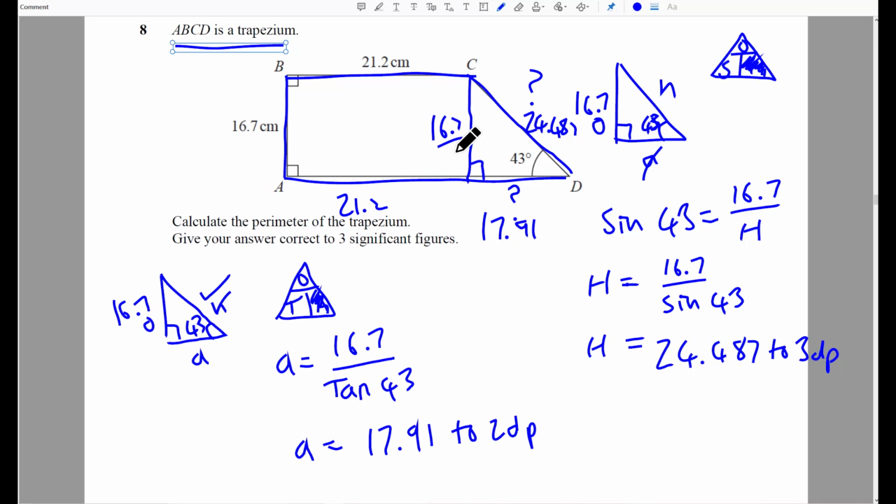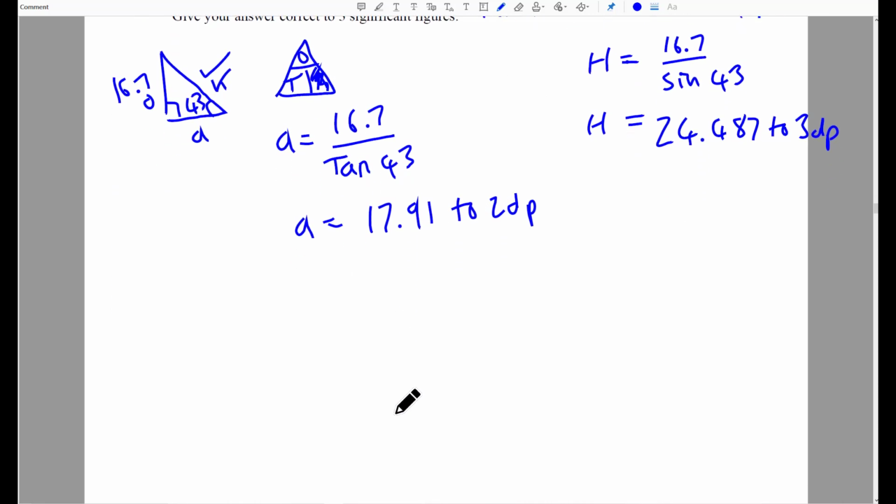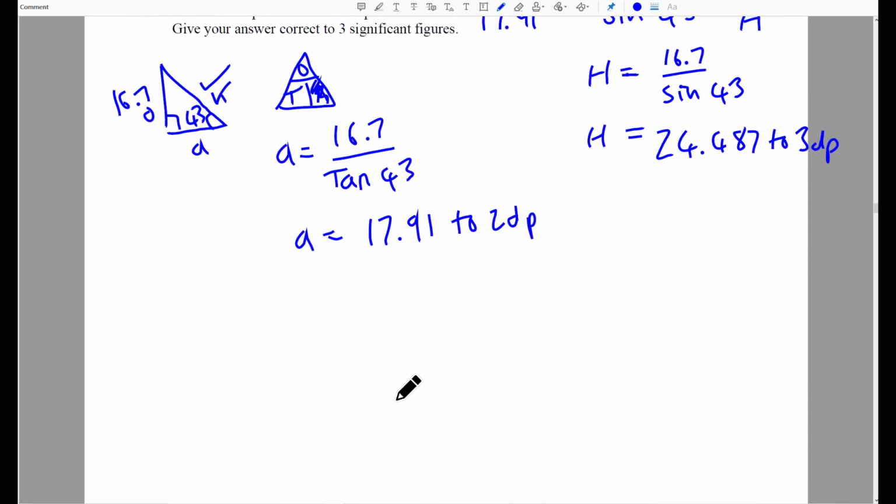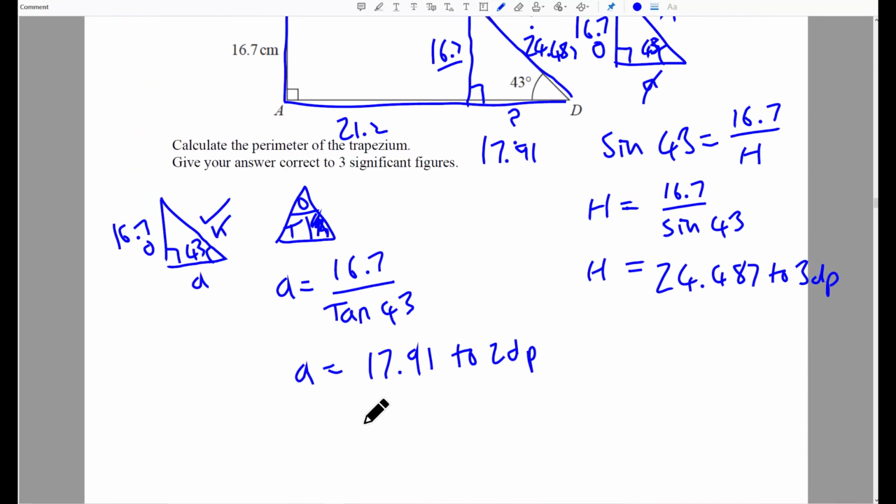We don't need to add that up. So how many marks is this? 4 marks. So I can do another bit of working.